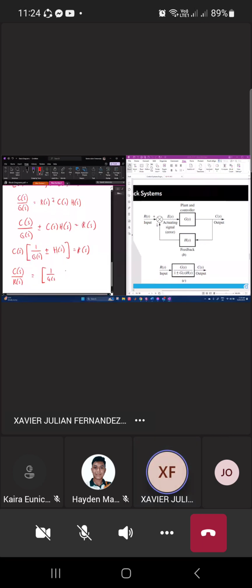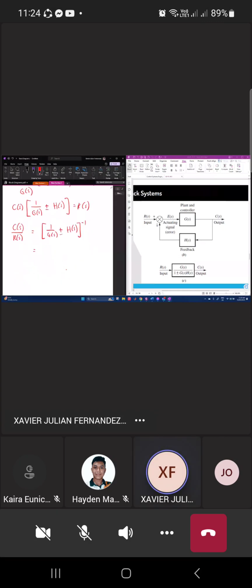This becomes 1 plus minus G of S times H of S, all over G of S, raised to the power of negative 1. So C of S over R of S is equal to G of S over 1 plus minus G of S times H of S. That's the same thing.